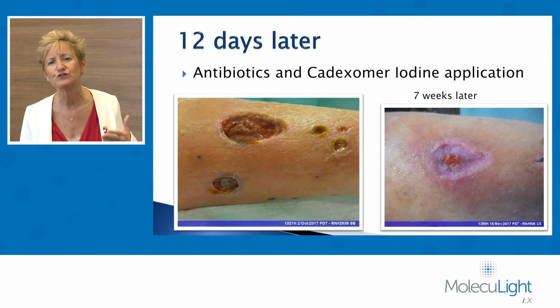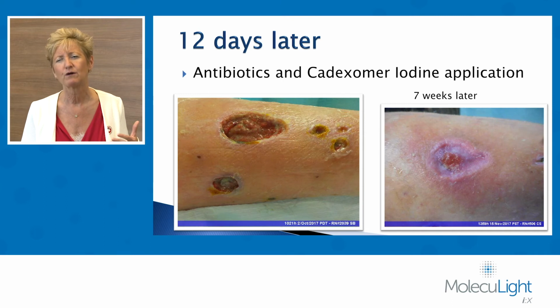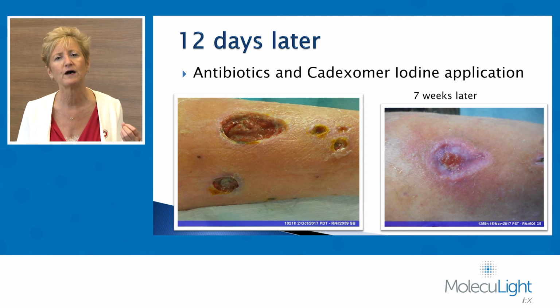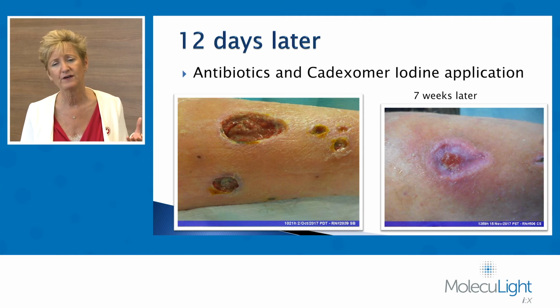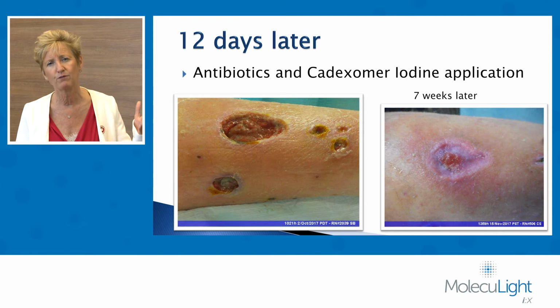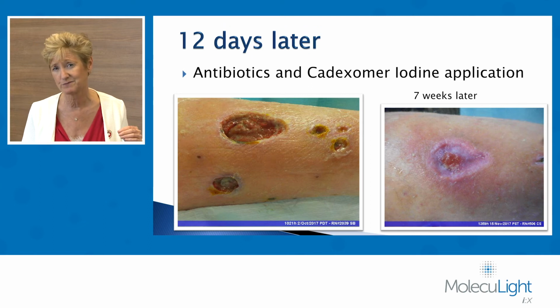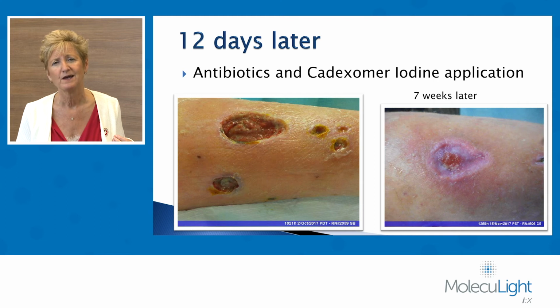I also chose to use wound care products that would really address that antimicrobial situation, and I reached for the Cadexomer iodine. It was very impressive how many weeks later he went on to close and heal, keeping in mind that that was an abscess because there was some real nasty material underneath that black eschar.